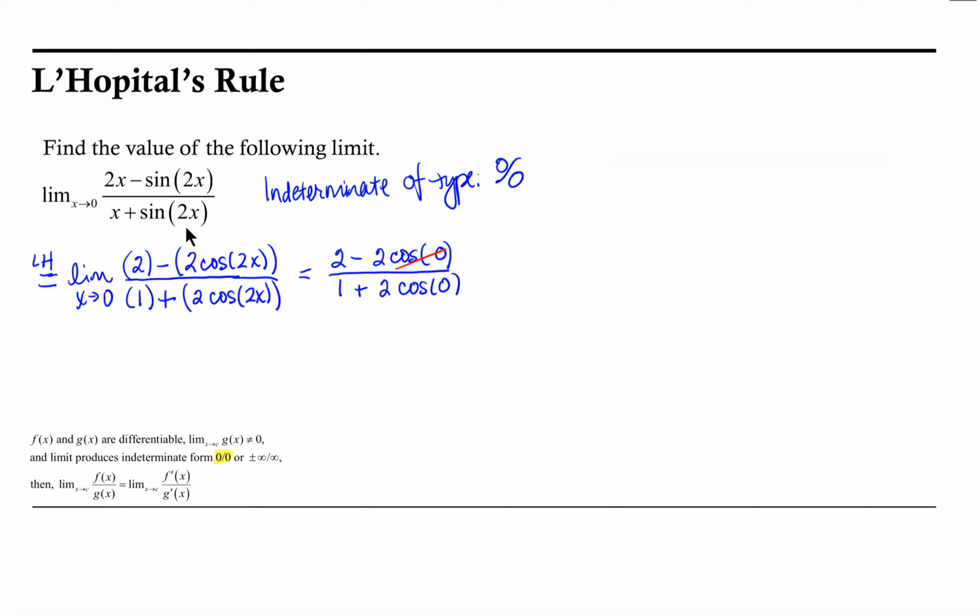Now we do know that cosine of 0 is equal to 1, so we can replace both of those with 1. And then we end up with 2 minus 2 times 1 over 1 plus 2 times 1. So our numerator is 0, our denominator is 3, and 0 divided by 3 is not an indeterminate form. It is, in fact, equal to 0. So the limit of our function here is 0.